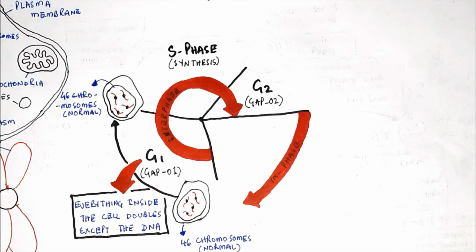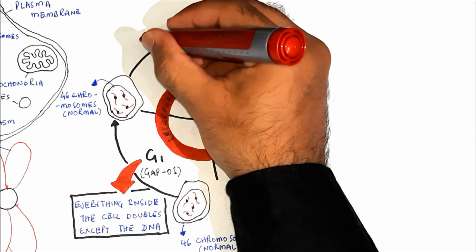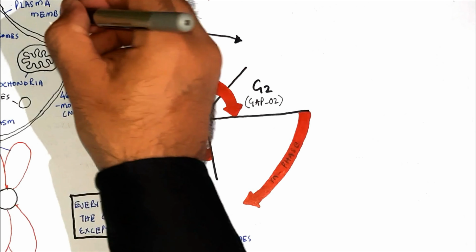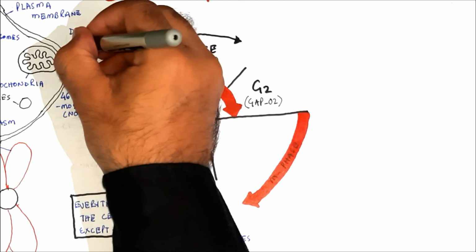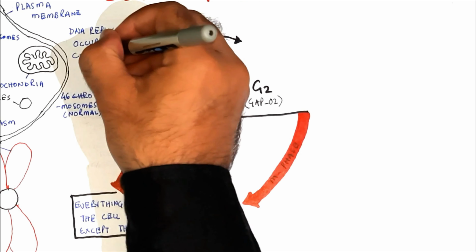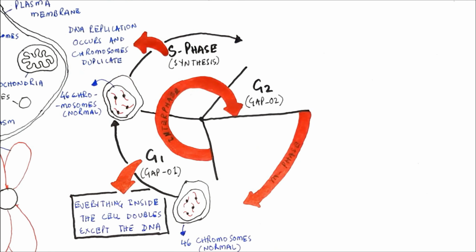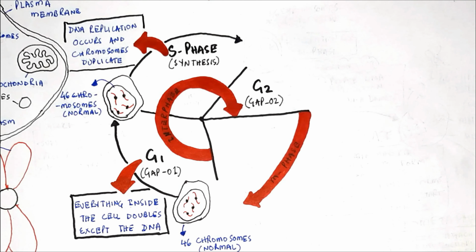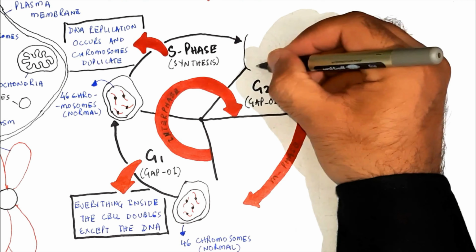Then the cell goes into the S phase. What happens in the S phase? This phase is fairly important because here the DNA doubles. That means DNA replication takes place. So DNA doubles with the help of DNA replication and all of these chromosomes, the normal ones, are now converted into duplicated chromosomes.